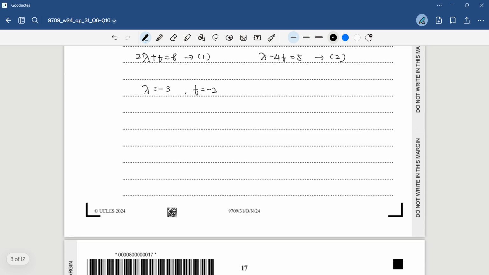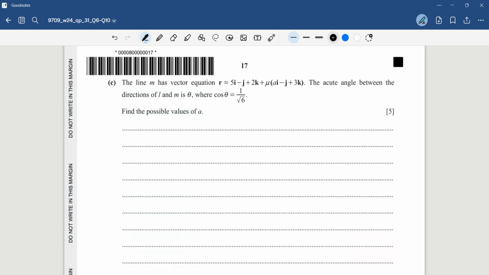That's it. And for C, the line M has a vector equation of this. The acute angle between the directions of L and M is theta, cos theta equal to 1 over 6. If you still remember the formula for finding the angle, the dot product of the direction vectors of L and M equals the product of their magnitudes times cos theta.